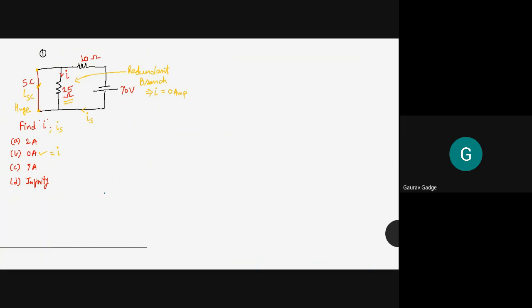Okay, so let us check. As I said, this 25 ohms branch is a redundant branch. It means your circuit gets reduced in this pattern. This will be like this: you get one short circuited path with the two elements present, that is the 10 ohm resistance and the 70 volts voltage source.